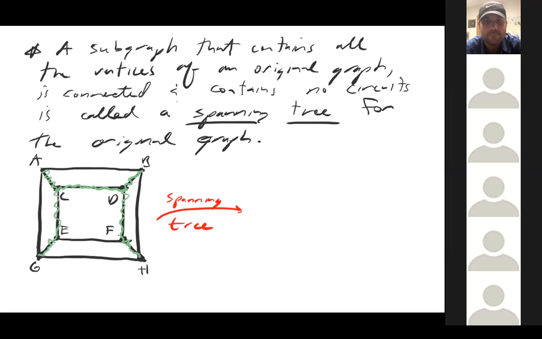And you can see now that if I draw that, it's not perfect as far as the scale, but you can get the idea here. You can see A, B, C, D, E, F, G, H. That's a spanning tree.